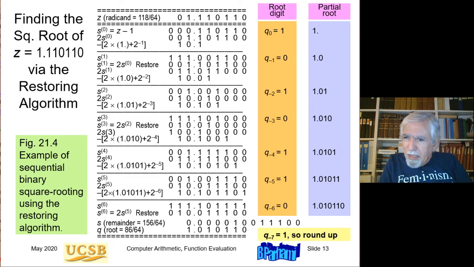And then if the result is positive, as is the case in this step, keep that, double, and proceed. And the quotient digit is 1. Whenever the result goes negative, as in this step or this step, choose the root digit to be 0 and restore the partial remainder to its previous value. So you discard the result of trial subtraction.